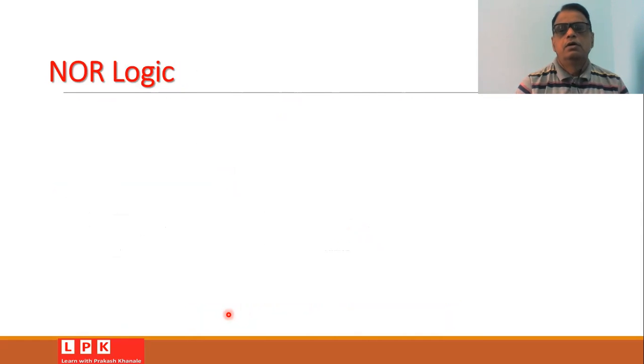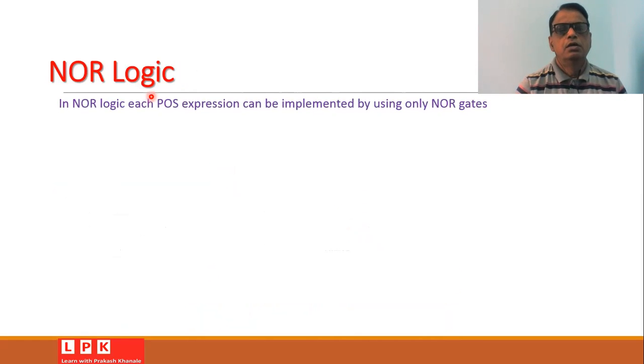Another logic that is being used for implementation of the expression is called NOR logic. In the NOR logic, if you have been given any POS expression, then that POS expression can be implemented by using only NOR gates.